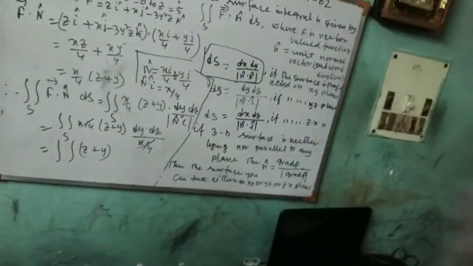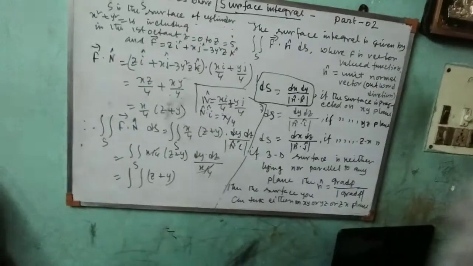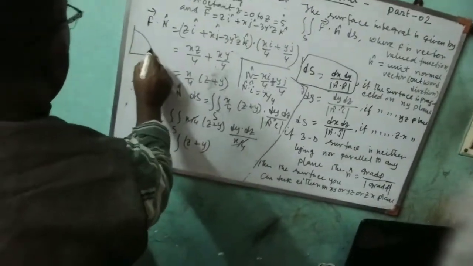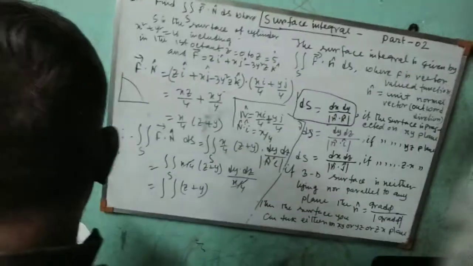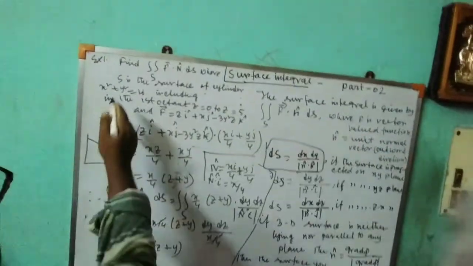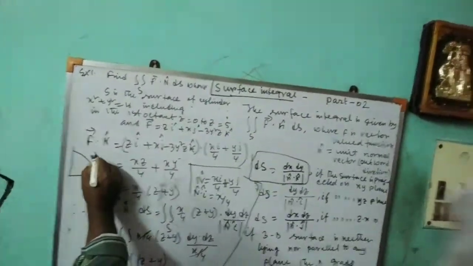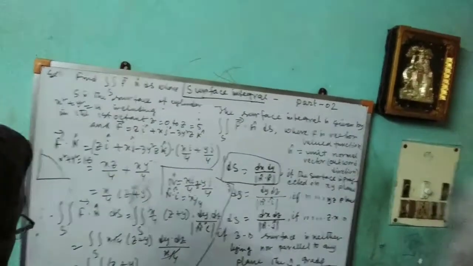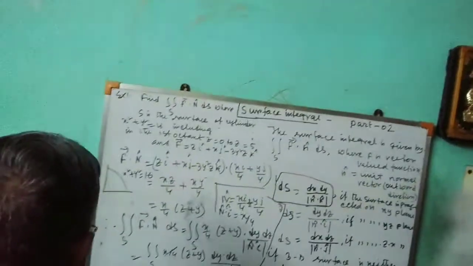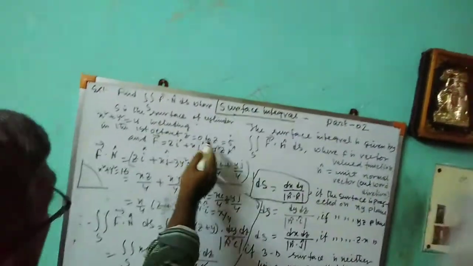Now how to get the limits? I am taking the yz plane here, this is the yz plane, so just follow me. This is x square plus y square equal to 16. So z equal to what actually? Z equal to 0 to 5, it is given.